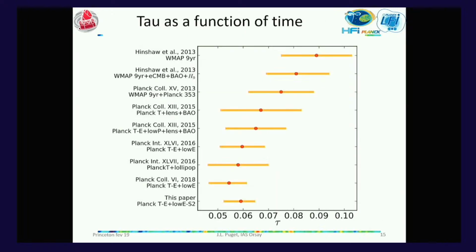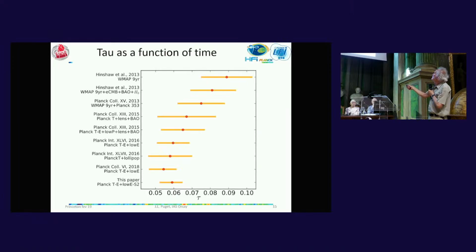Last, I plot here the tau parameter, of cosmological parameter, and WMAP 13 here and in here, and Planck.